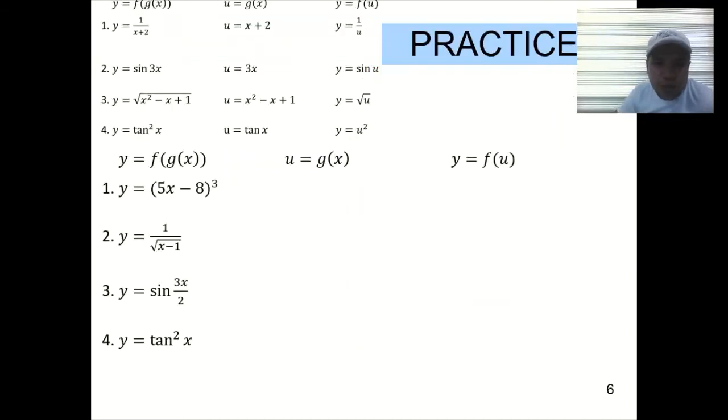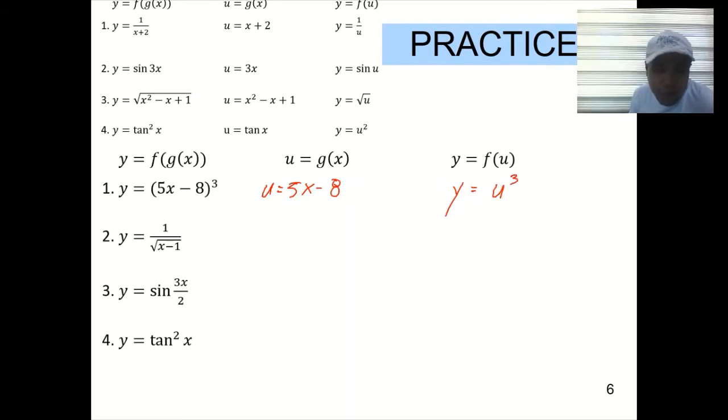Based on the examples, let's try to identify the inner and outer functions in other examples. With y is equal to (5x minus 8) cubed, our inner function is 5x minus 8, so u is equal to 5x minus 8. Then y is equal to u raised to 3.